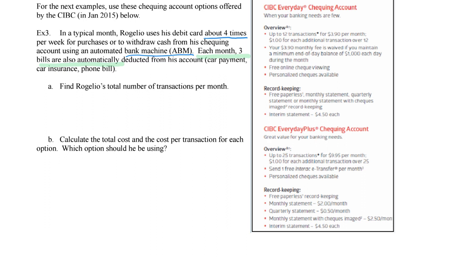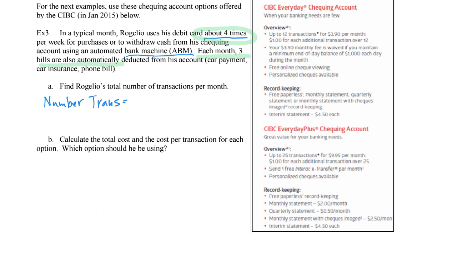And we know from earlier that he spends money from his bank account 4 times a week when he uses his debit card. So we need to figure out things like the number of transactions that he has. So this problem says here, we need to find the total of transactions per month that he has. So in order to figure that out, this is what we'll do. We know that this problem has 4 weeks in the month of January, right?